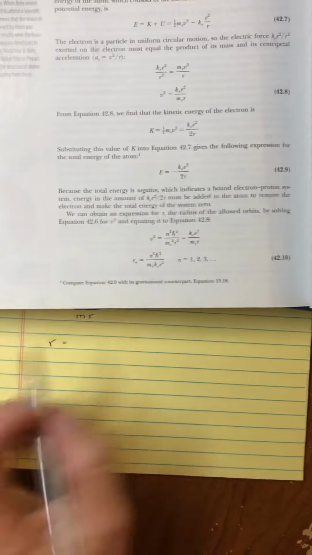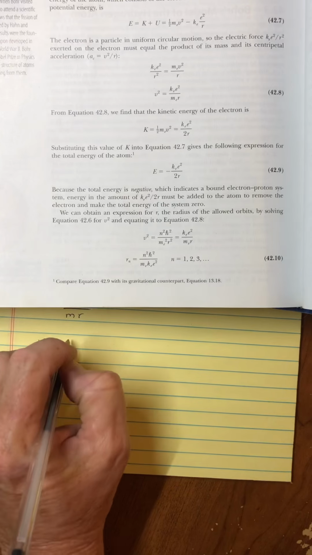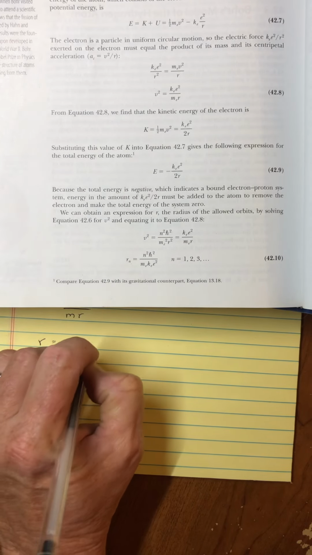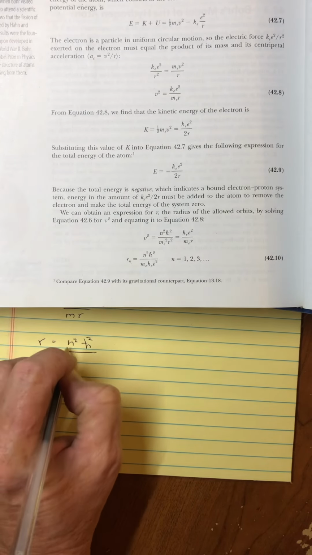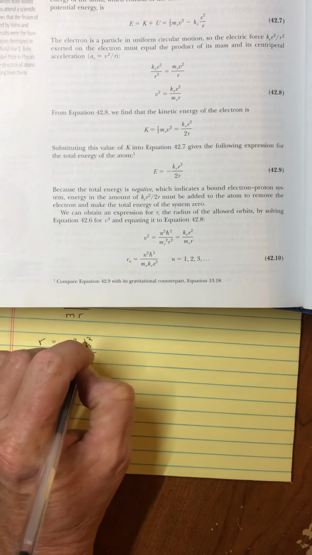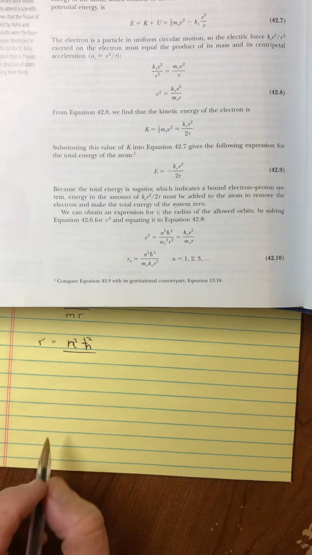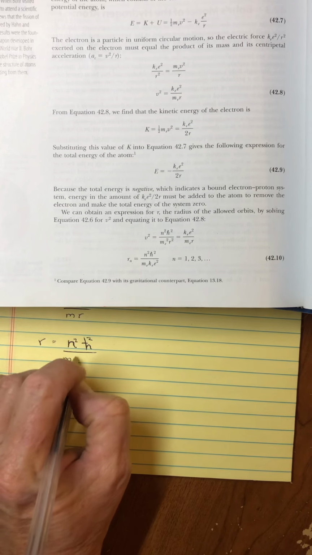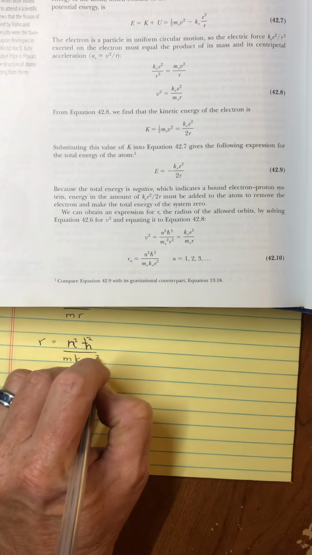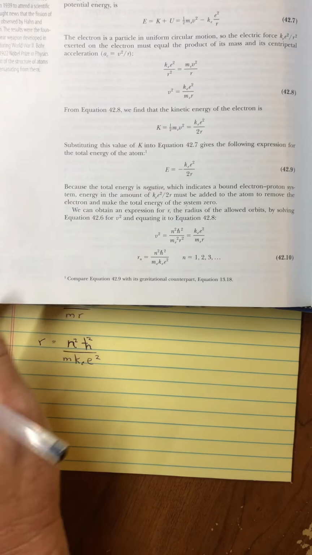The radius is n squared h bar squared over m, then Coulomb's constant, and then the charge squared.